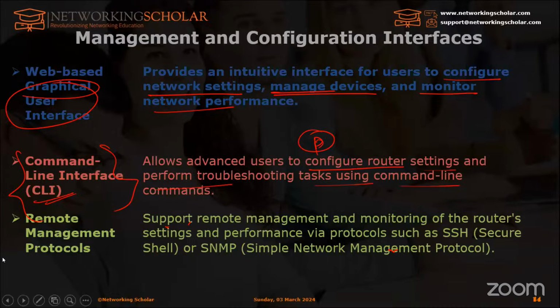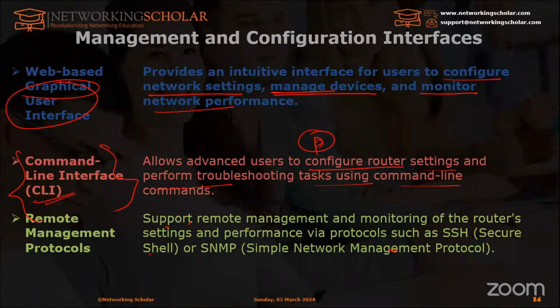There are remote management protocols like SSH, SNMP and Telnet. If you are using them, then we can go remotely and access the devices, and we can configure, manage and troubleshoot the devices.